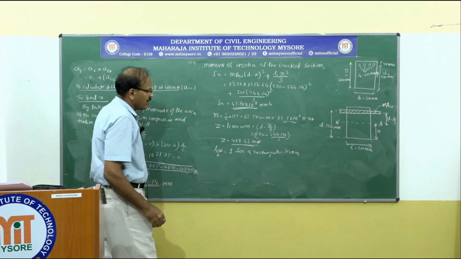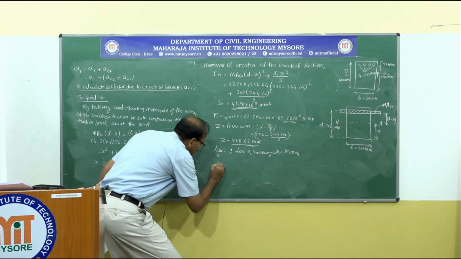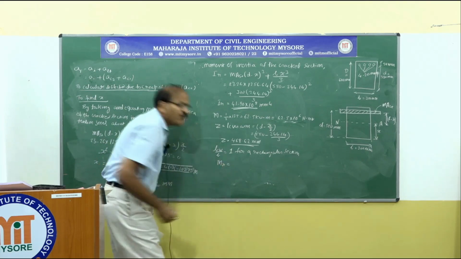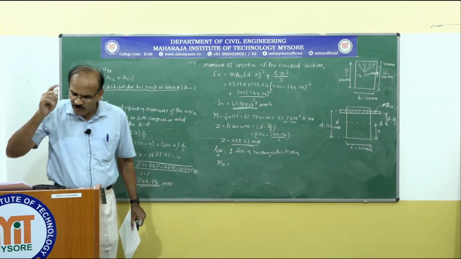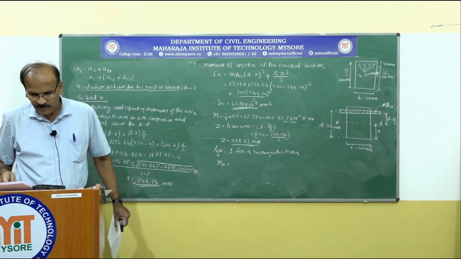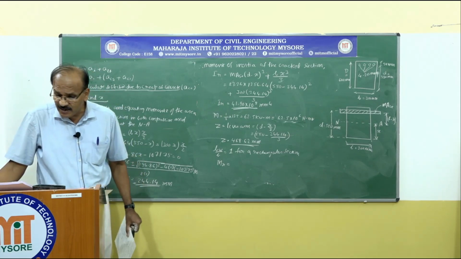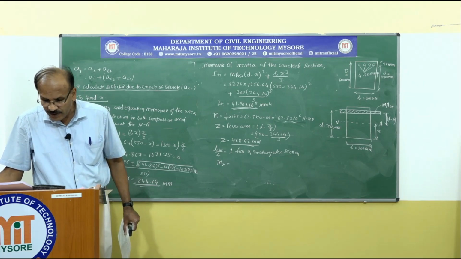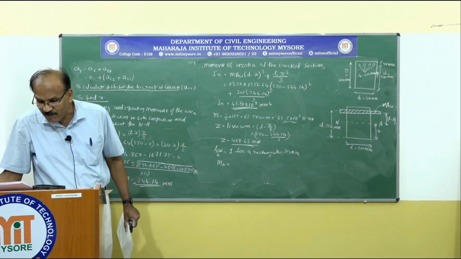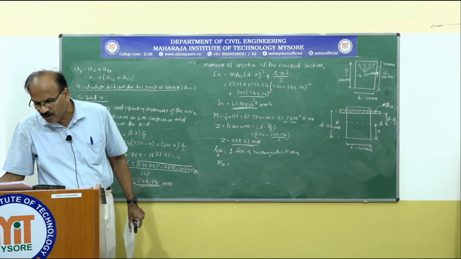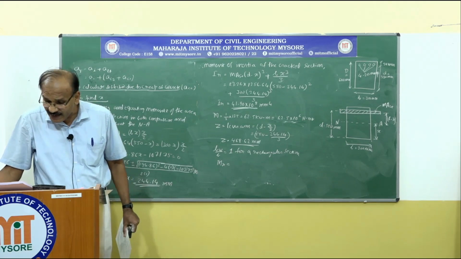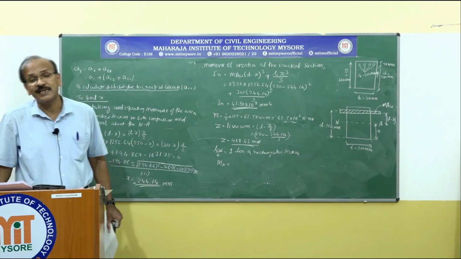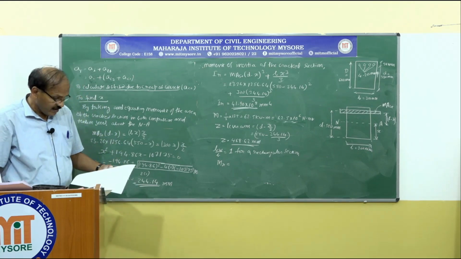Then what is Mr? We need to calculate the value of Mr. Again, if you go to the code book, page 88 under Annex C, under C.2.1, it says Mr is the cracking moment that is equal to fcr multiplied by Igr divided by yt. Okay.